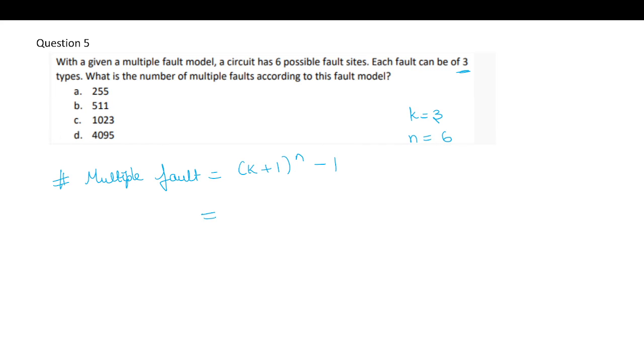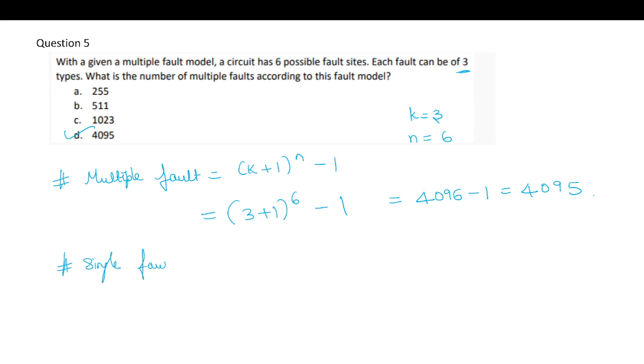So it is 3 plus 1, which is 4, to the power 6, minus 1, which is 4095. Yes, option D.